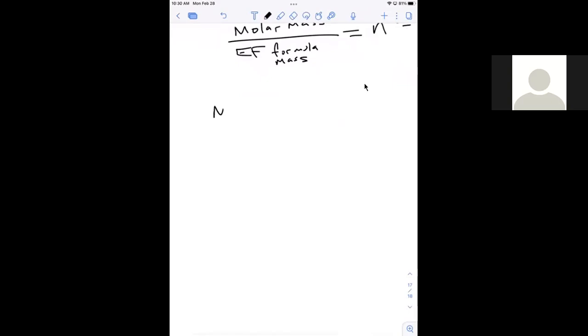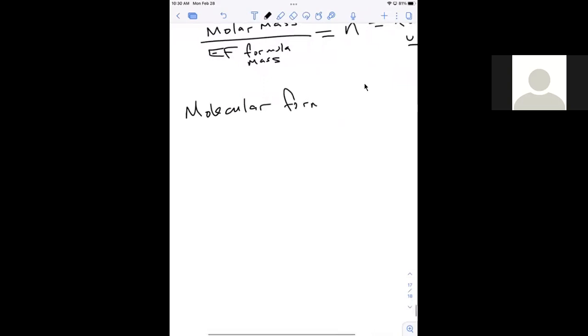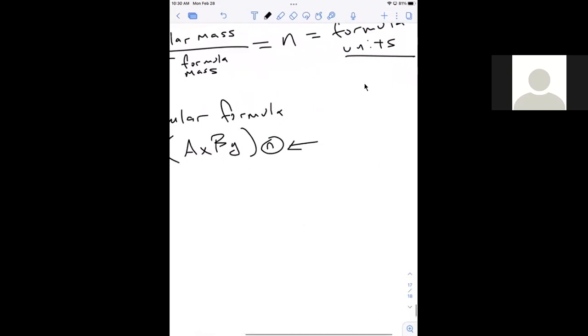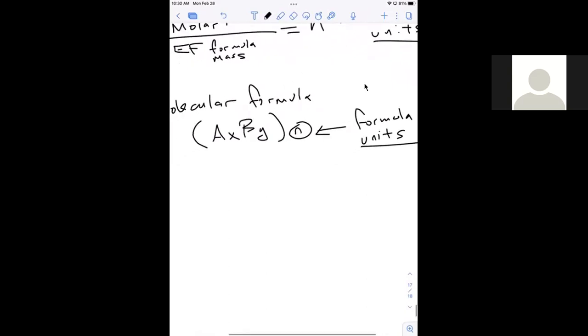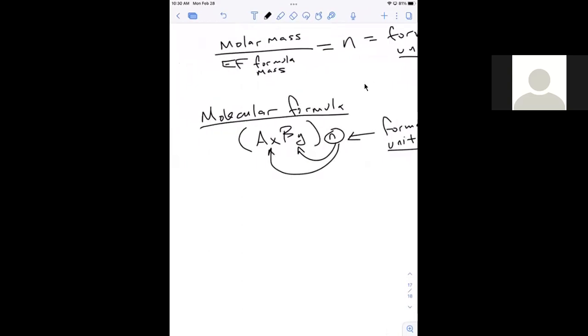So let's just say this is the empirical formula right here, and this is the number of formula units. So when we distribute this through, that's going to give us the molecular formula. So it's the EF.